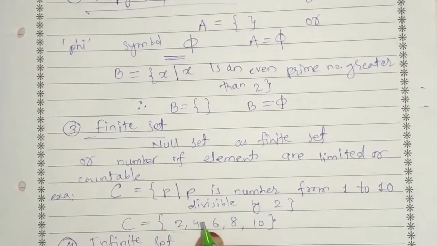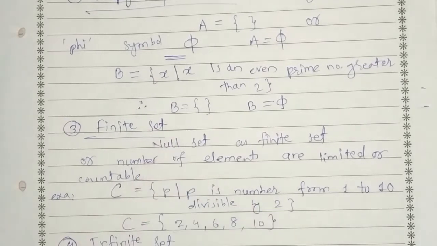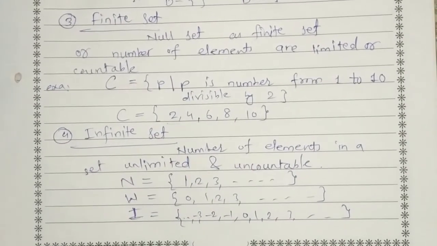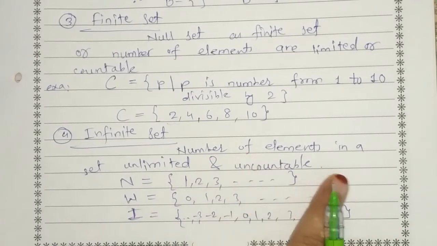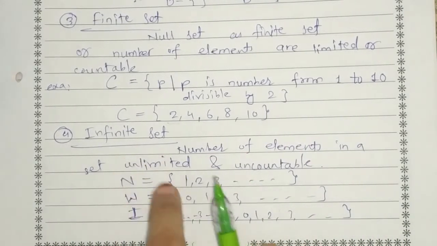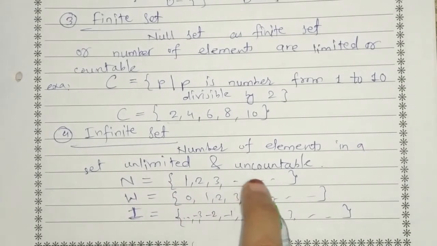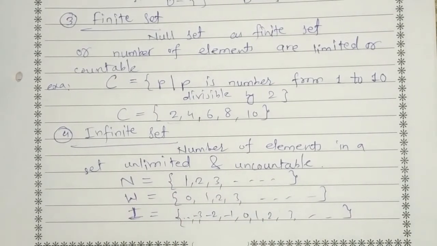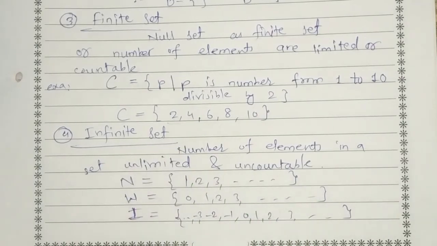Like here I can count 5 elements which are divisible by 2. So the set C is a finite set. Again we have an infinite set, where the number of elements in a set are unlimited and uncountable. All the natural numbers, whole numbers, integers, rational numbers are infinite sets.